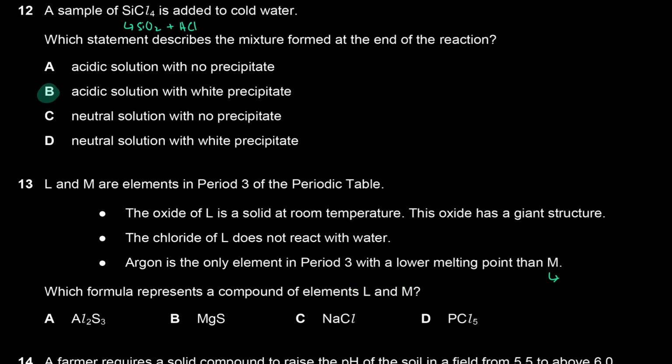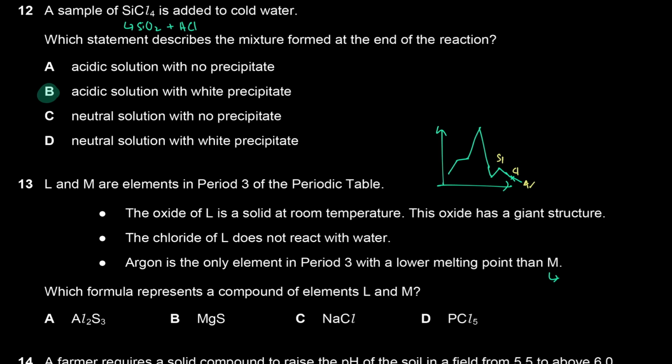You guys remember the melting point trend in period 3. It looked like this, where we had this, and then this, and then this. We had argon, which was the lowest, and slightly higher than argon was chlorine.